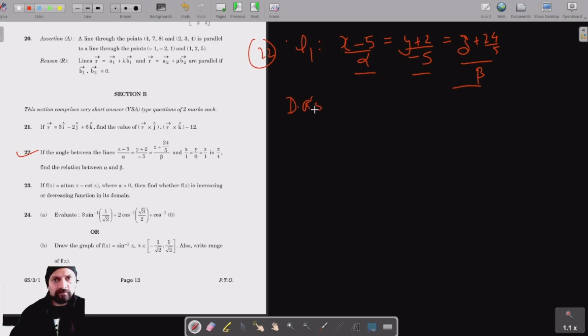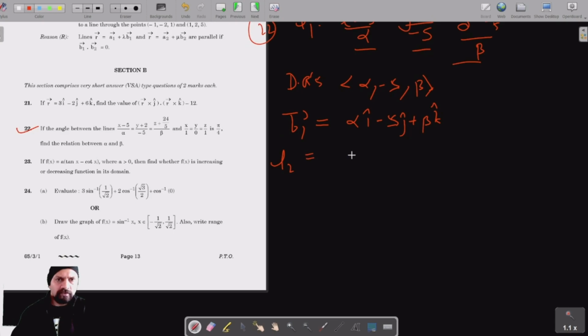So the direction ratios are alpha, minus 5 and beta, which will give us the first parallel vector b1. So this is alpha i cap minus 5j cap plus beta k cap.